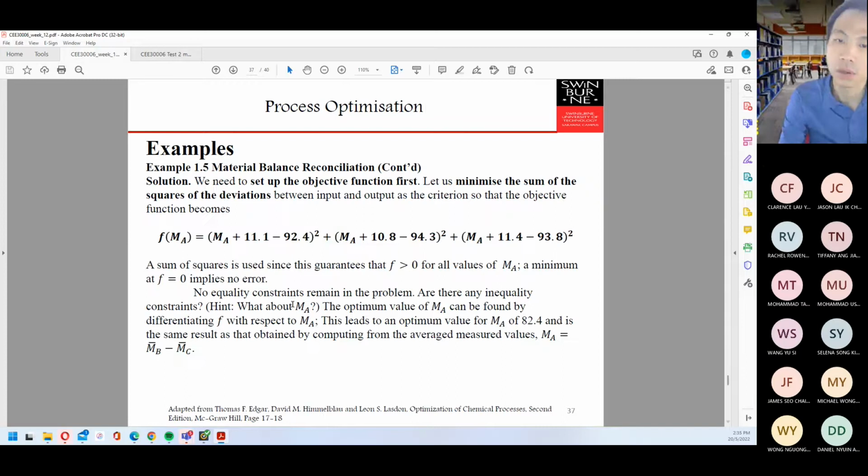In essence, if we want to minimize the sum of the squares of the deviations, then we need to use these particular equations. If we differentiate this with respect to MA, we will get an optimal value of MA equal to 82.4. This is the same as the result obtained from the average of the measured values as well.